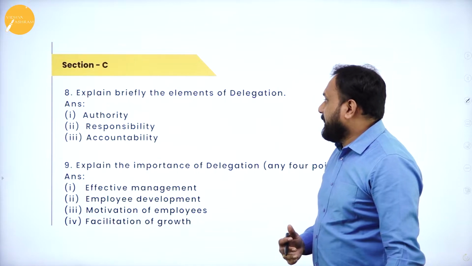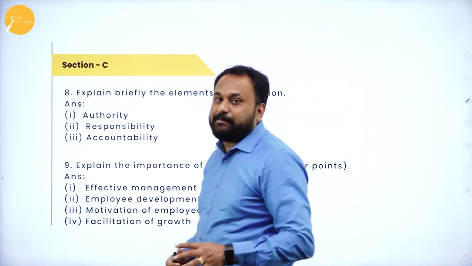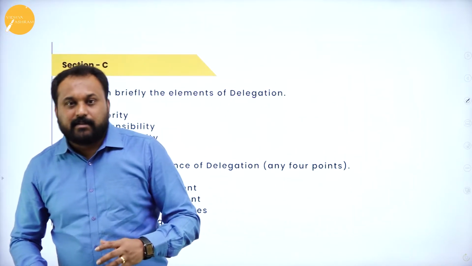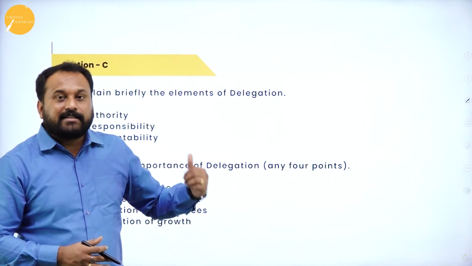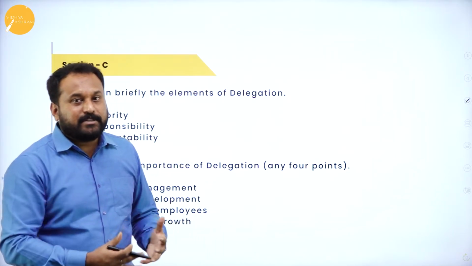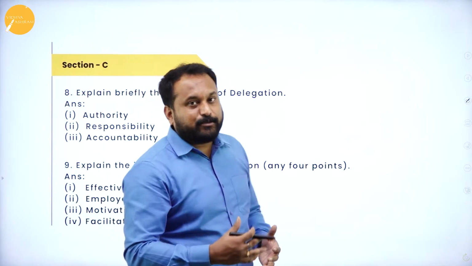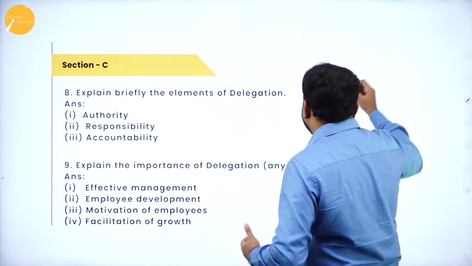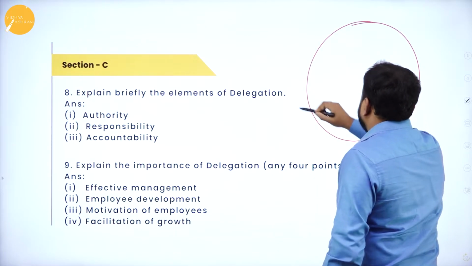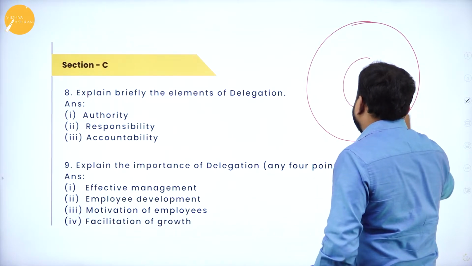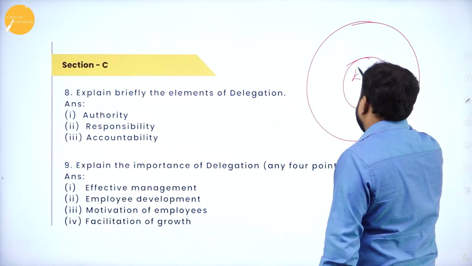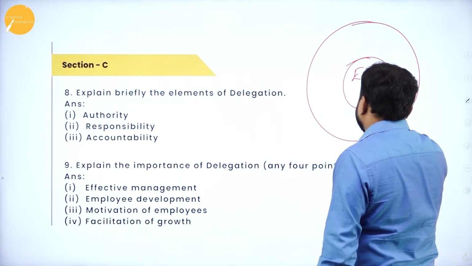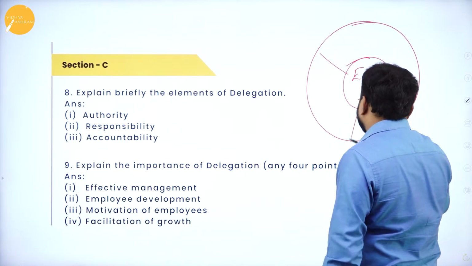Explain briefly the elements of delegation. I told you the elements of delegation are 3. The first one is authority, the second is responsibility, and the last one is accountability. So you are supposed to draw a chart, or you write a kind of organization structure. Here you can write, say, elements of delegation. You can actually make columns like this.